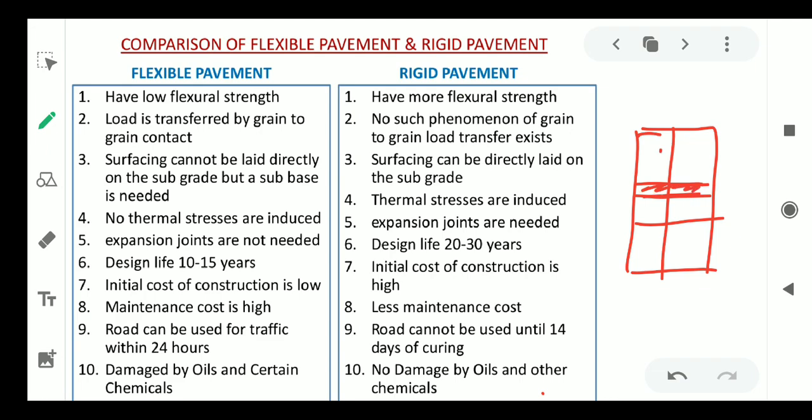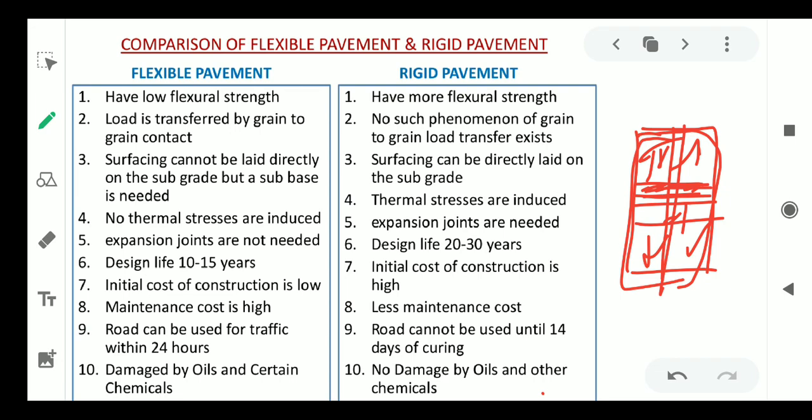So if this section expands or this section expands, then it is free to expand, and there is no cracking developed. But suppose we do not provide such types of joints, the whole concrete length is too large, since the length of the road is long, so the expansion of the concrete due to temperature variations may crack the surface.